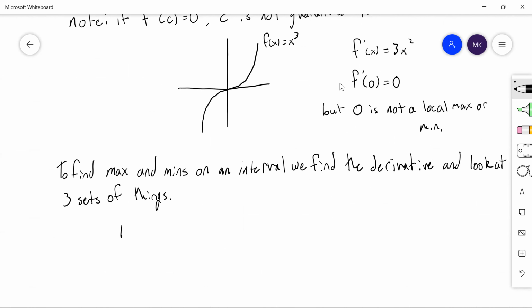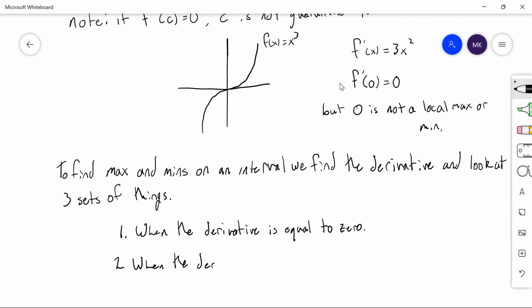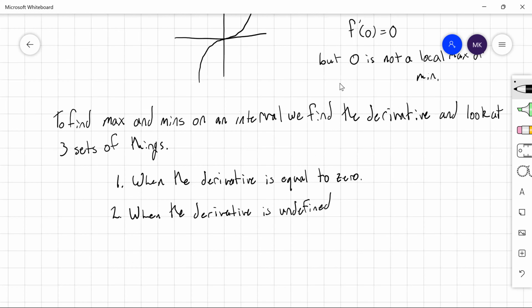Those things are 1, when the derivative is equal to 0. 2, when the derivative is undefined.